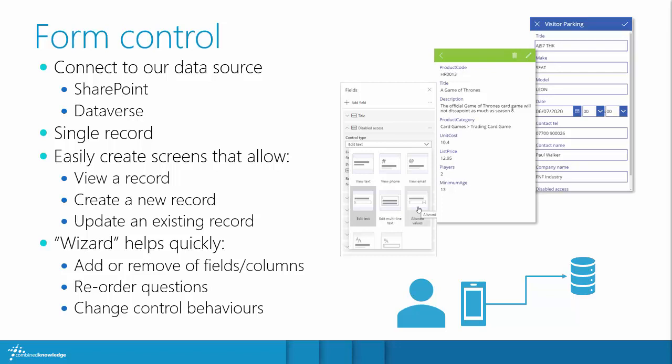We need to tell it which individual record we need to point it to. This seems to be one of the biggest issues that we see, particularly for people new to Power Apps. They've got their galleries, they've got their form control, but how do I instruct it? How do I connect that up? We'll be looking at that in a moment.